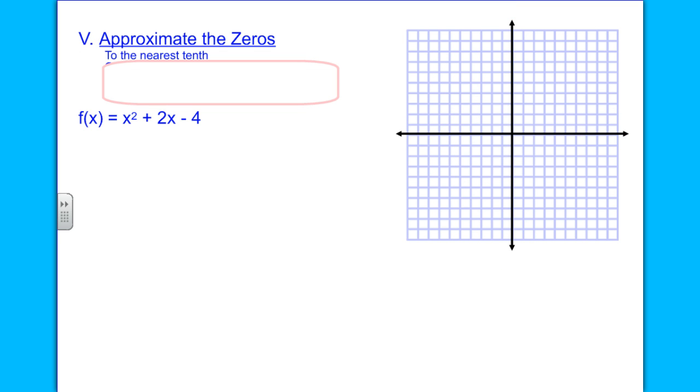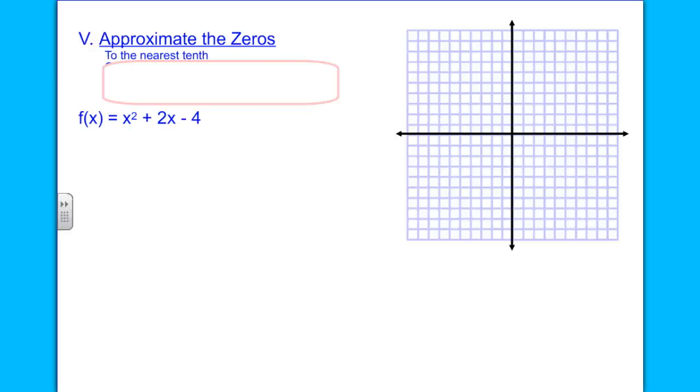Okay, so here's the most challenging, using graphing to approximate your roots or your zeros or your solutions or your x-intercepts, whatever you want to call them, right? Using graphing to approximate to the nearest tenth means that these x-intercepts are not at exact integer locations.